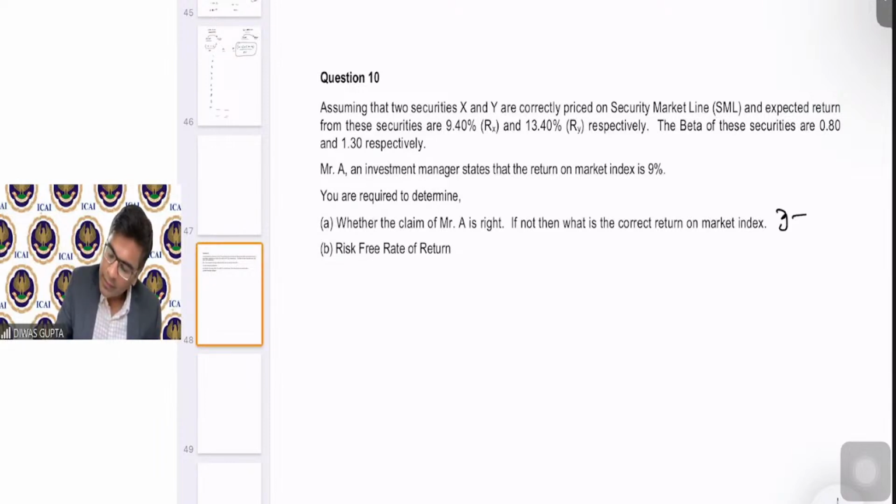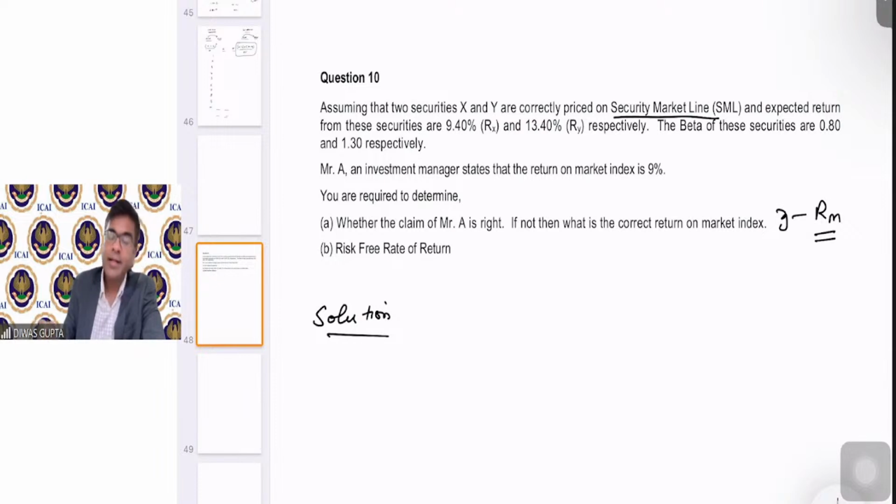Students, please note, since the question has already indicated that they are correctly priced on the security market line, we should make use of the capital asset pricing model, using CAPM.